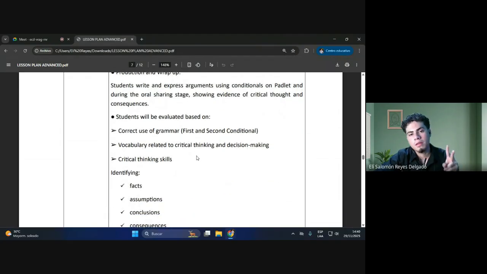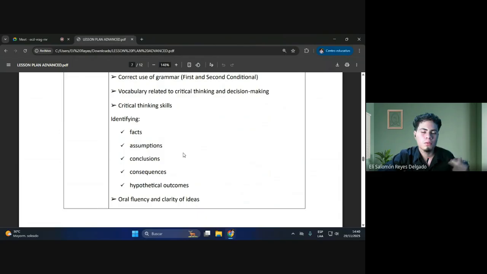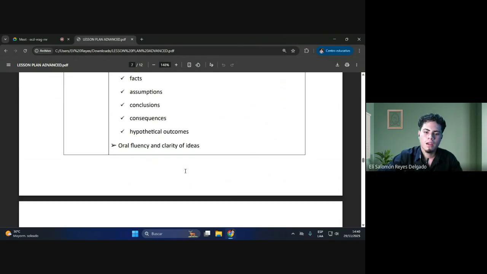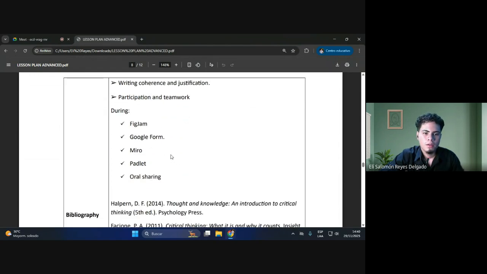Students will be evaluated based on correct use of grammar, first and second conditional, vocabulary related to critical thinking and decision making, critical thinking skills, identifying facts, assumptions, conclusions, consequences, hypothetical outcomes, oral fluency and clarity of ideas, writing coherence and justification, participation and teamwork. During the lesson, we are going to evaluate Bingo Jam, Google Form, Miro, Padlet, and oral sharing.